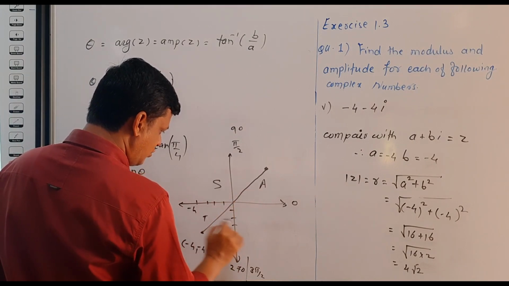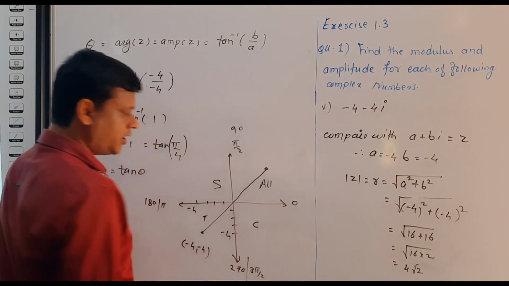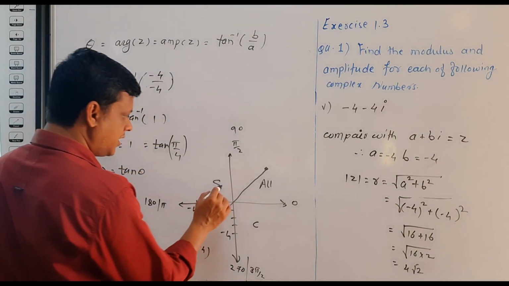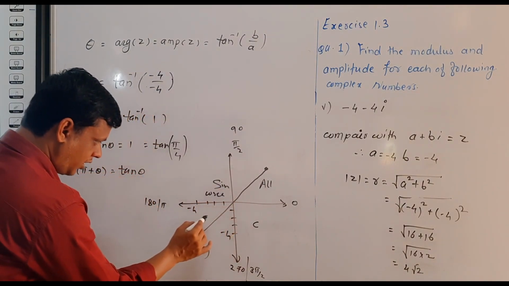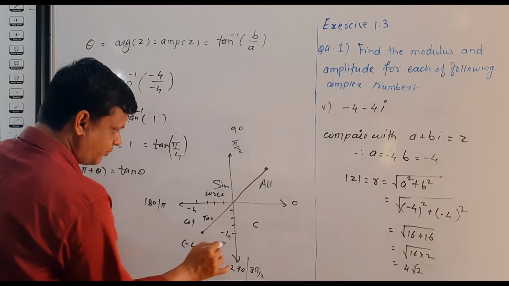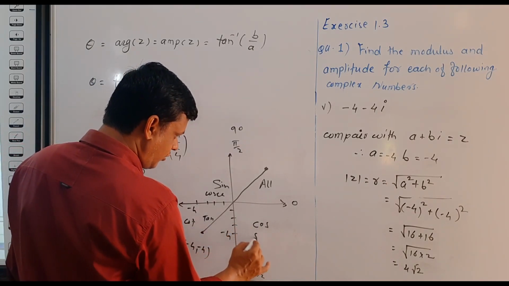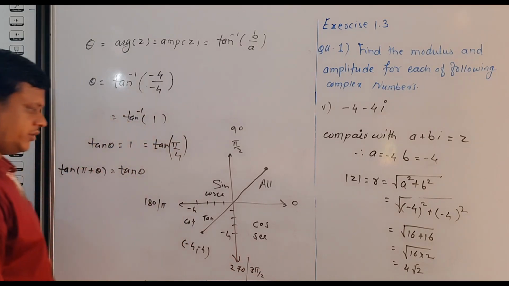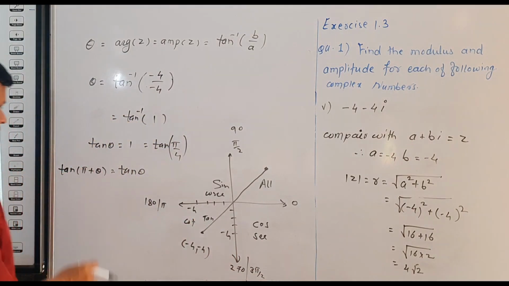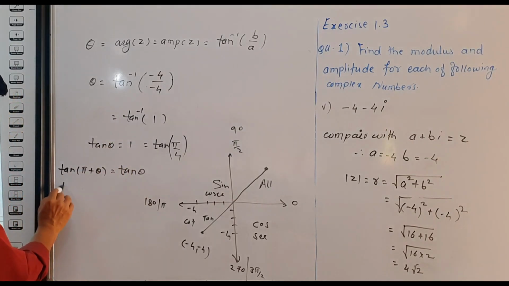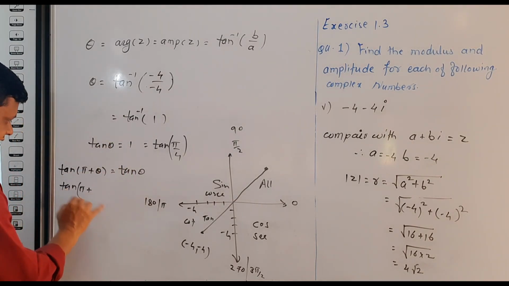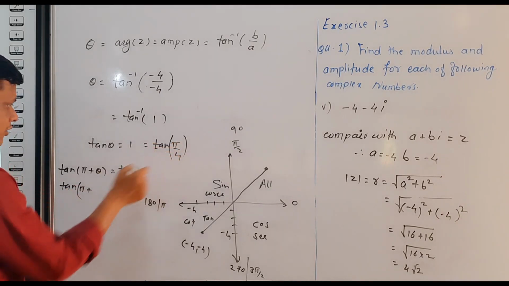Add sugar to coffee. That means in the first quadrant all ratios are positive. In the second quadrant sin and cosec are positive. In the third quadrant tan and cot are positive. In the fourth quadrant cos and sec are positive. So we write here the tan formula as tan pi plus theta equals tan theta. In place of theta we have the value pi by 4.